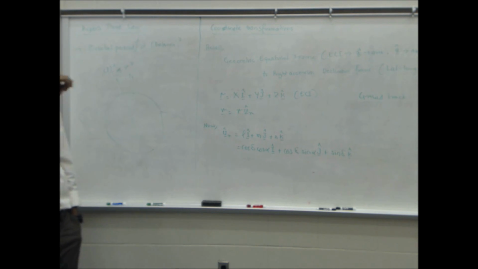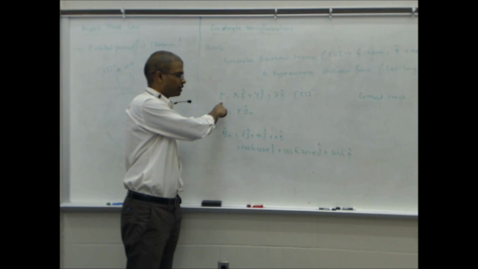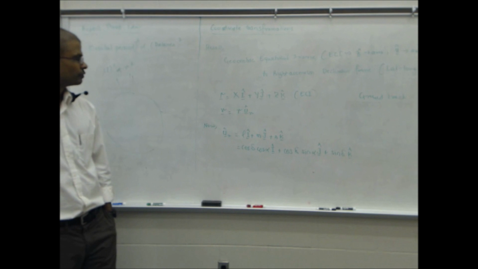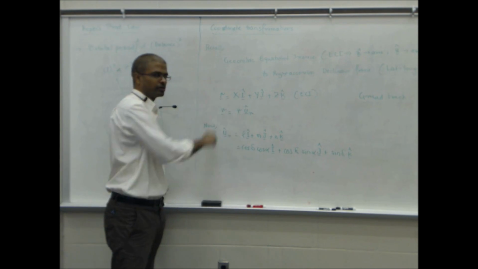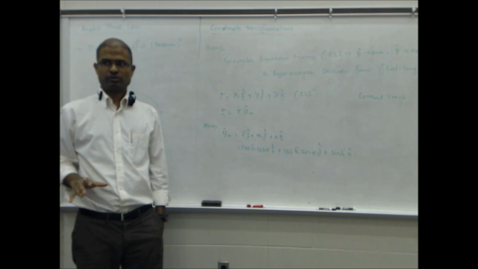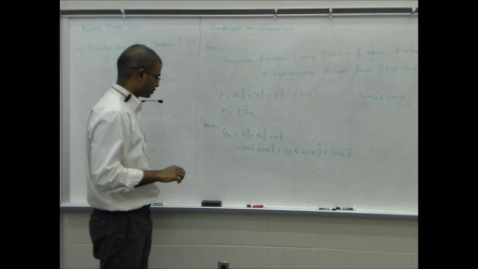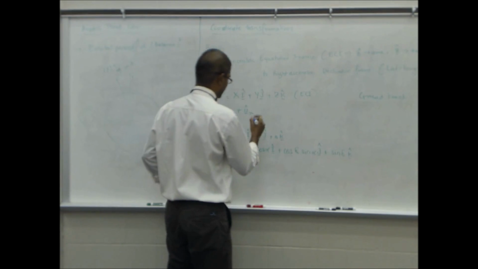So what you do is, let's say you do a radar on the satellite, okay? Now, you do a radar and you figure out the position at some point, and you figure out the velocity as well.